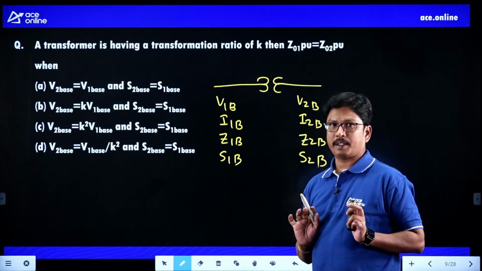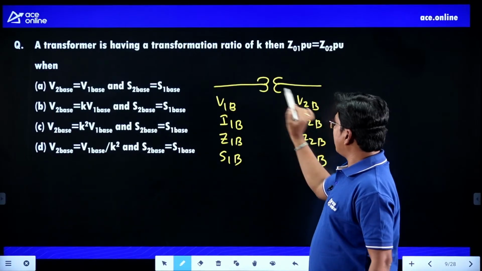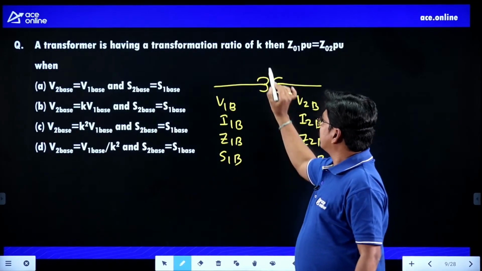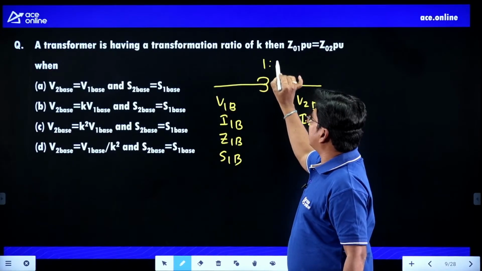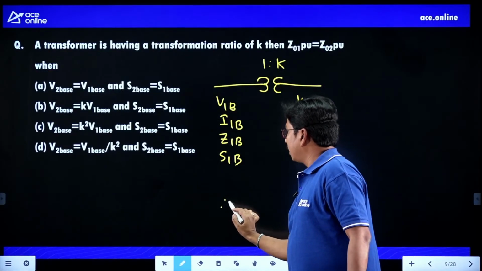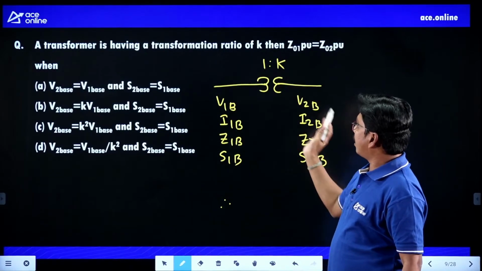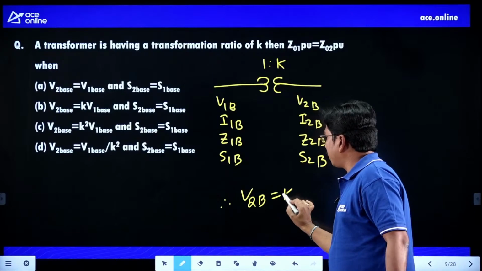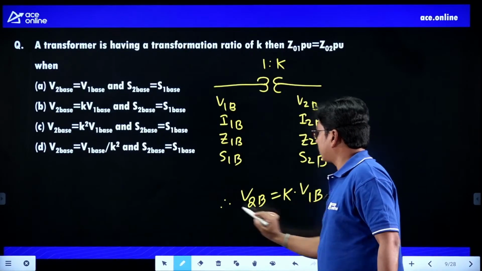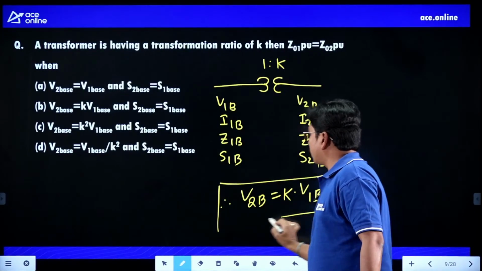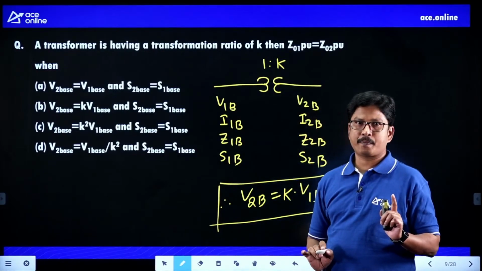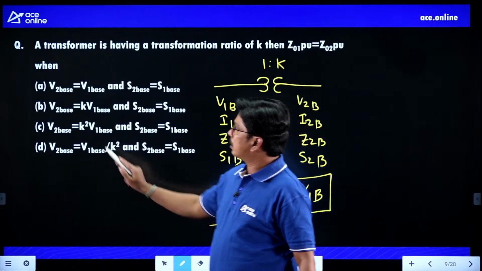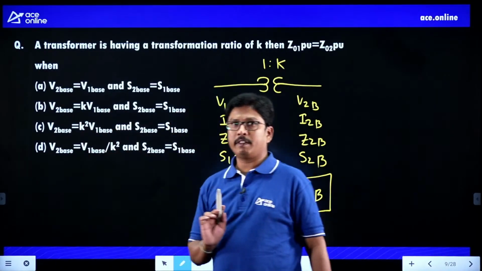So V1 and V2 are related by the transformation ratio K. Suppose the transformation ratio of the transformer is K, then to maintain the voltage basis, V2 base should be equivalent to K times V1 base.